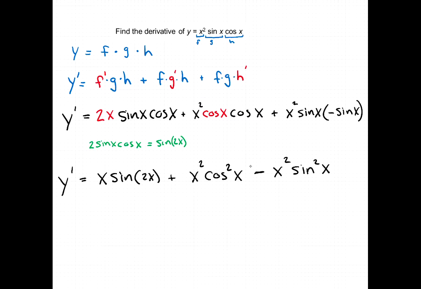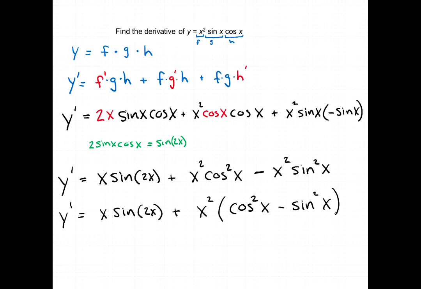Now we could factor out this common x squared from the last two terms, and then it looks like we have another double angle formula. So we have an x sine of 2x plus, now if we factor out the x squared, we'll have cosine squared of x minus the sine squared of x, and our double angle formula for cosine.